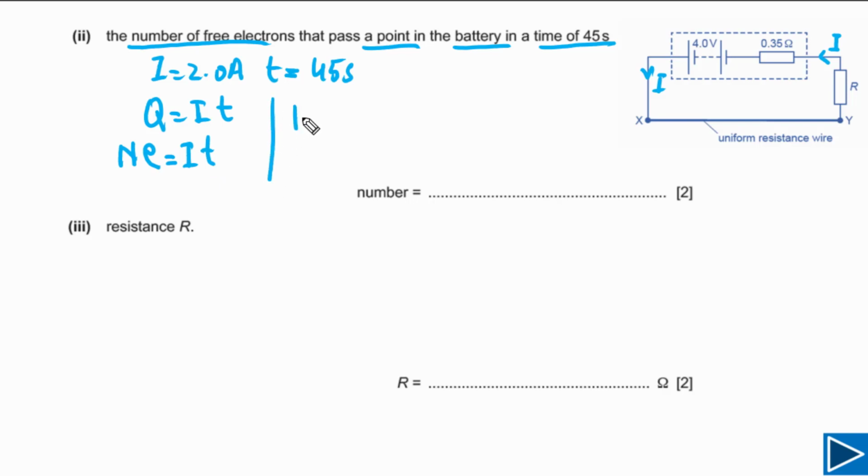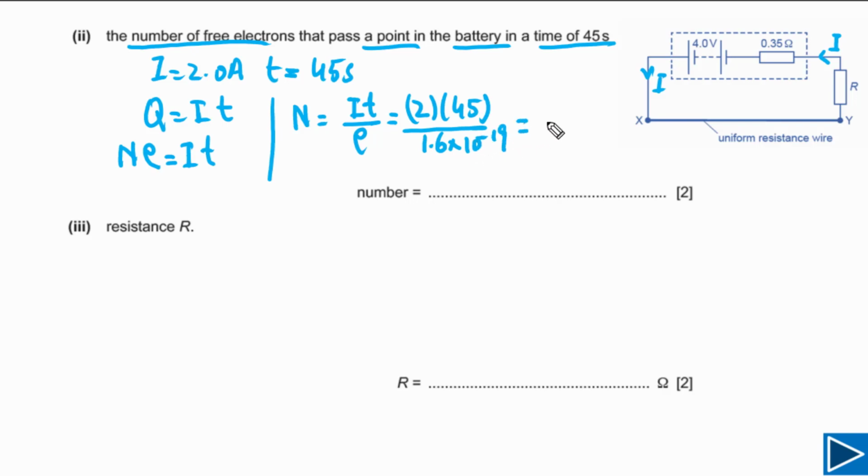We need to find out value of N. So simply we can rearrange. We can say N is equal to IT divided by E, and E is the charge on single electron. I is given to us, this is equal to 2, and the time is given, this is 45 seconds. And the charge on single electron is 1.6 times 10 to negative 19 coulombs.